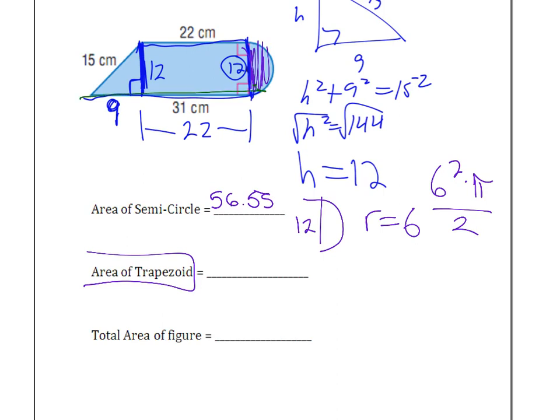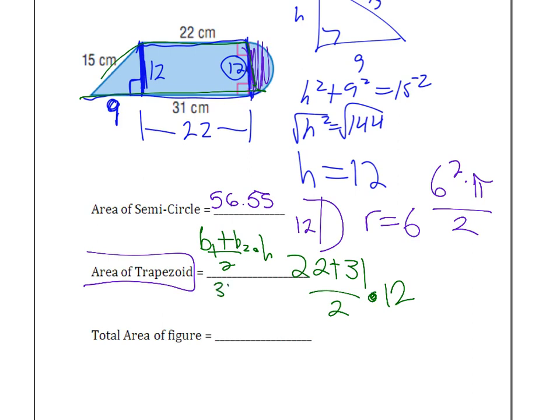Then I want to take the area of the trapezoid. Area of the trapezoid, remember, you add the bases, divide by 2, multiply it by the height. So what I need to do is take 22 plus 31 divided by 2 times 12. So when I do that, I get 318.